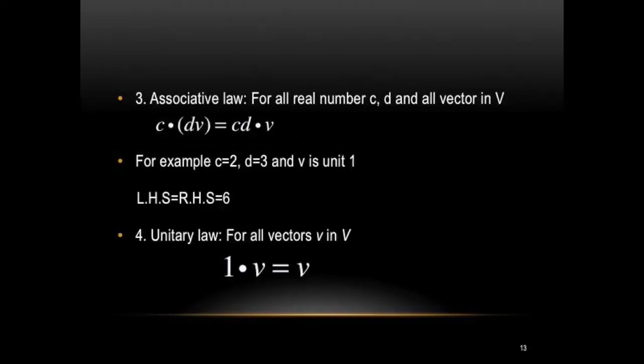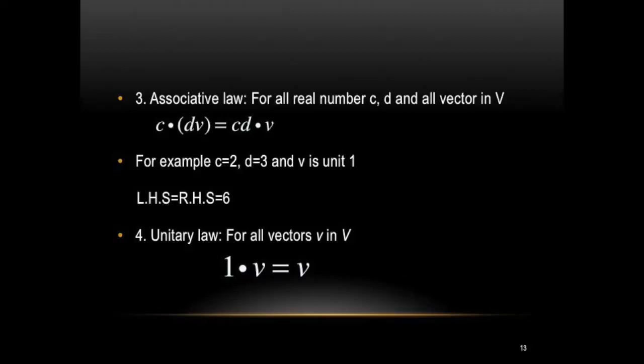And the third law of scalar multiplication is the associative law. For all real numbers C and D and all vectors V in vector space V, C dot bracket D V equals C D dot V. For example, C equals 2, D equals 3 and V is unit 1.